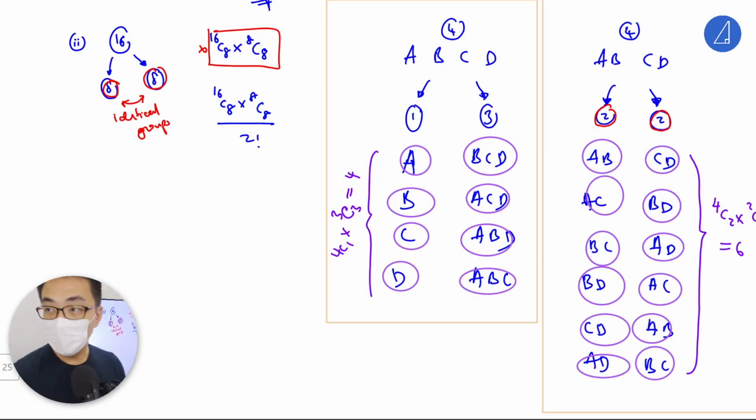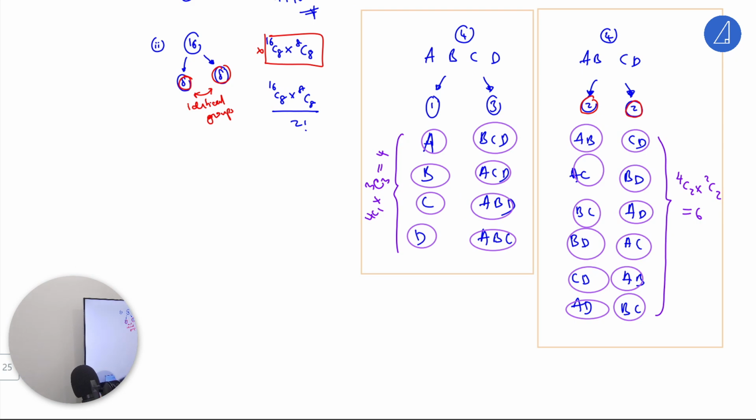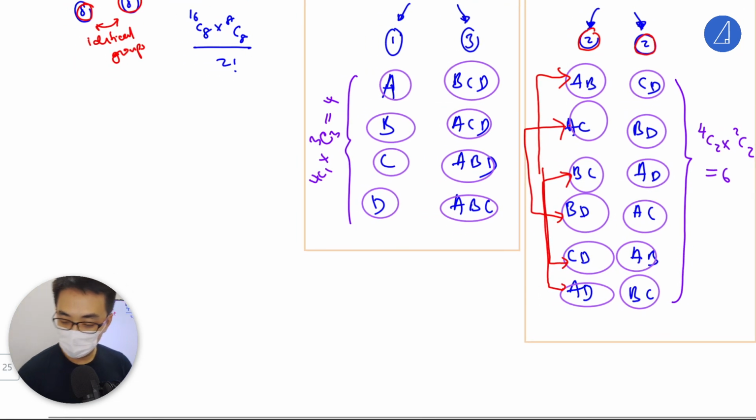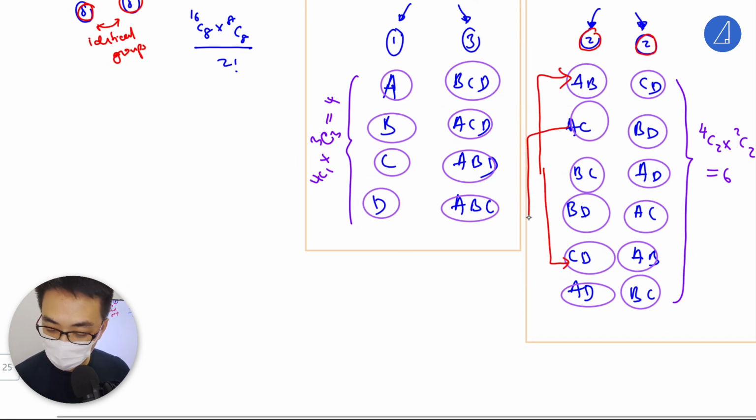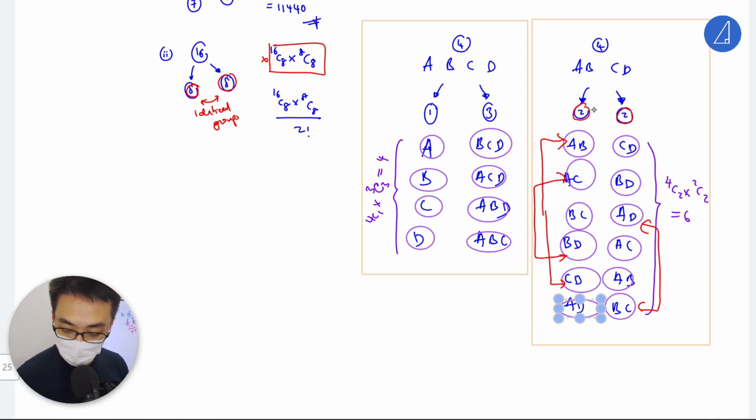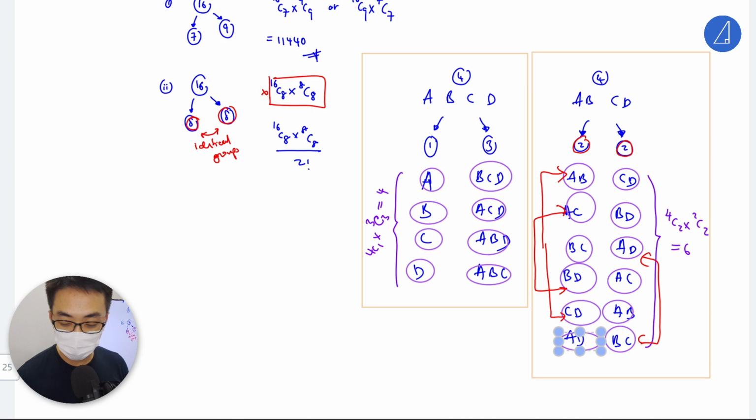If you look at this carefully, in the open field, if the groups are not named, AB and AC is actually the same combination as CD and AB. Then AC, BD is the same as BD, AC. So these two are the same, and these two are the same. Exactly the same arrangement.